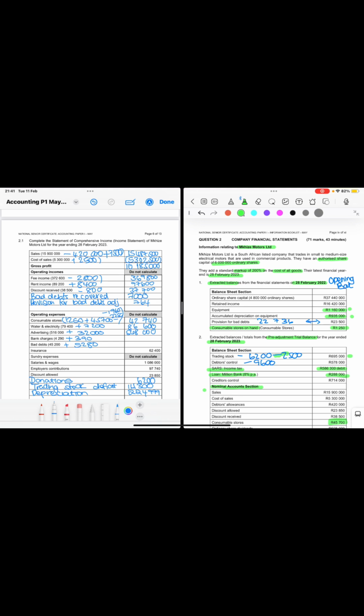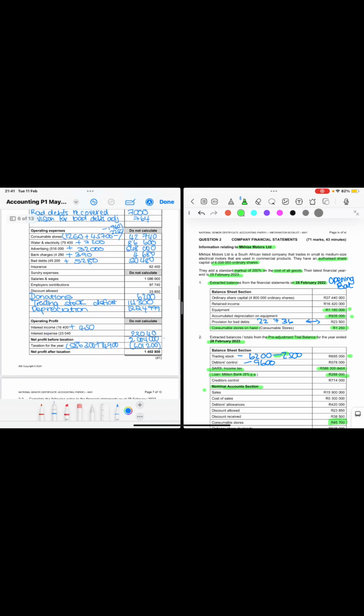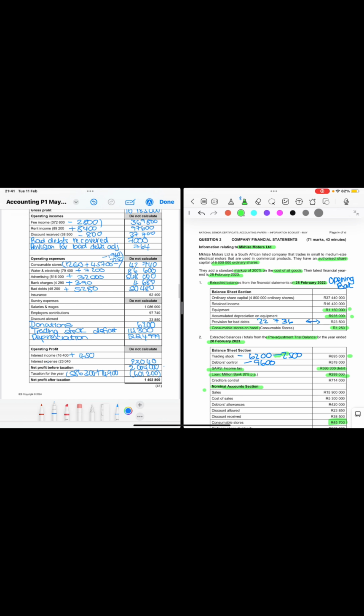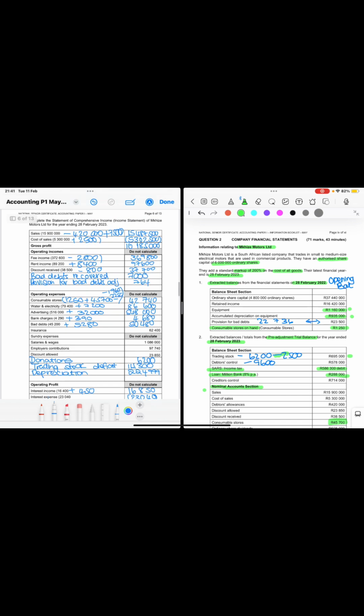And then 4,290 plus 390 will give you 4,680. 45,200 plus 5,280 will give you 50,480. And that is our interest income, 16,400 plus 450 will give you 16,850. This is supposed to be a minus. Okay, and that's your SCI completed.